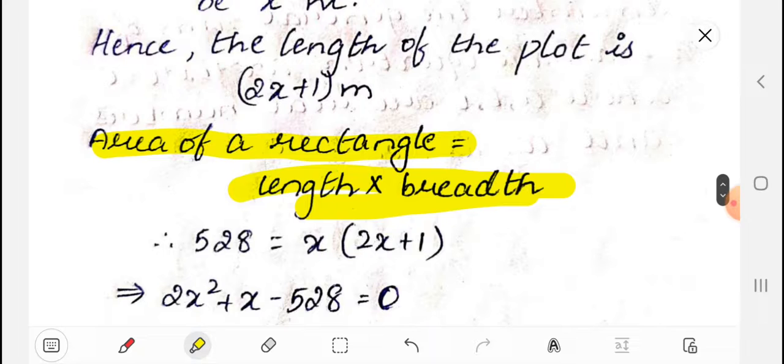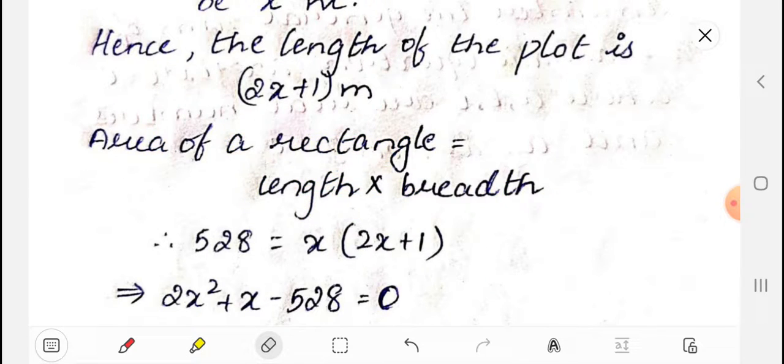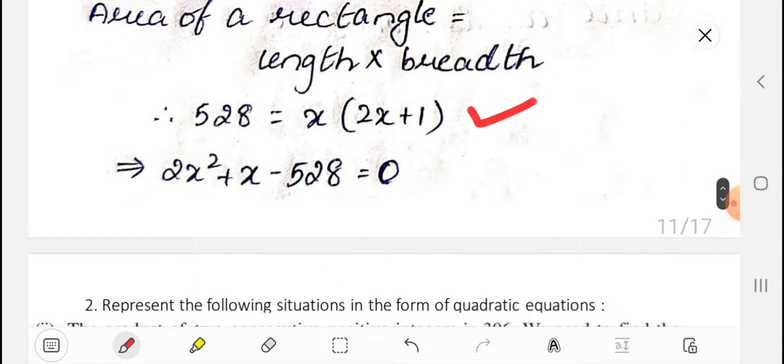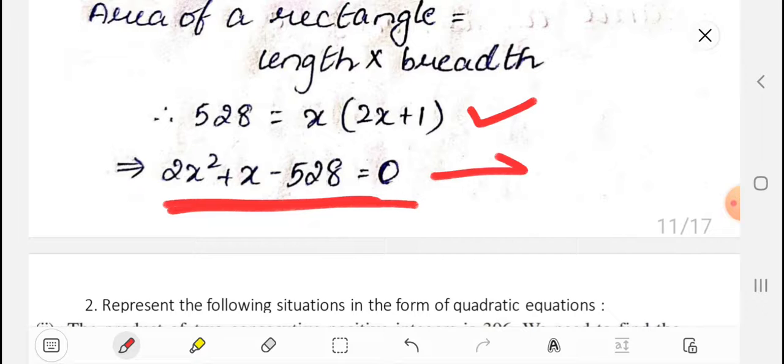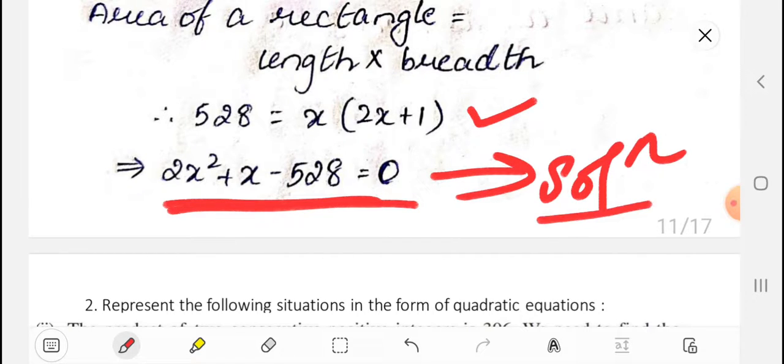The product of length and breadth will give us 528 meters square. I'm writing the same thing. Later on, upon simplifying, we get this as our quadratic equation. This is the solution which is expected.